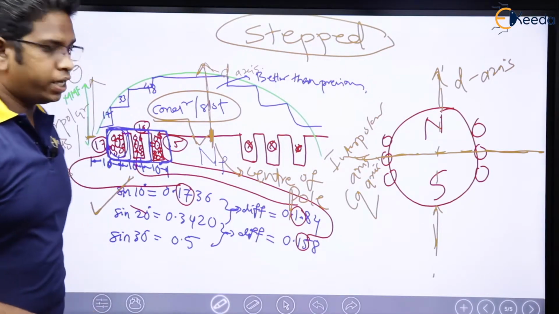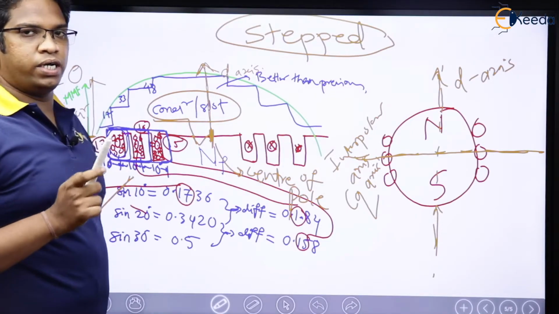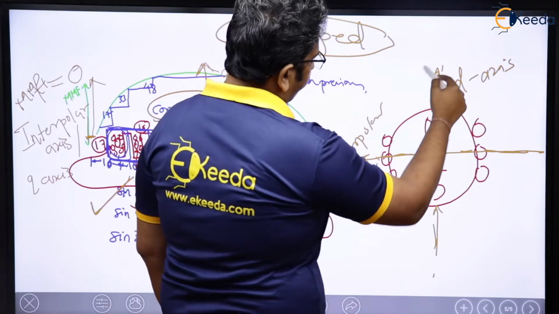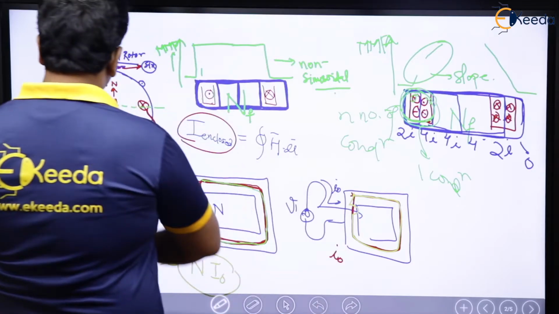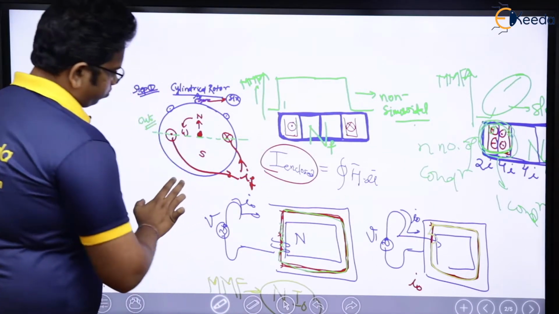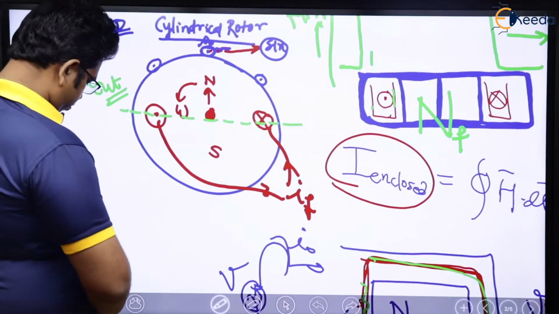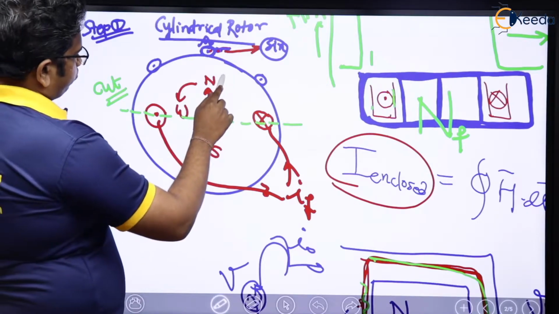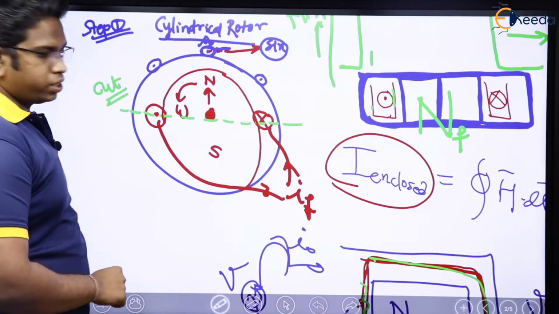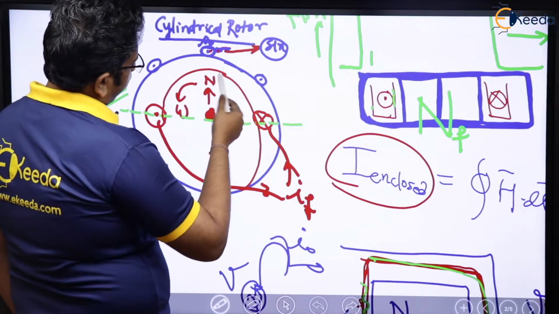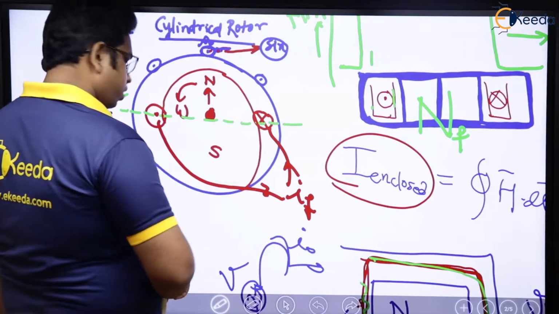So if you have a stepped waveform here, which means the induced voltage in the conductors, for example, see here.